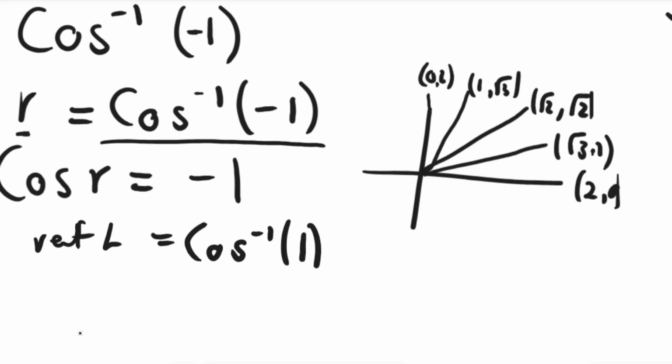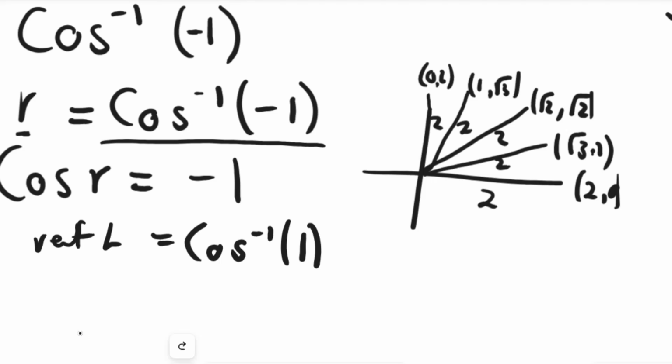Now, based on that, when will you get this value, arc cos of negative 1? Your lines here, each and every line here has the value 2, and these lines are your hypotenuse for each triangle that you would like to sketch here. And the angles, the smallest one is 0.